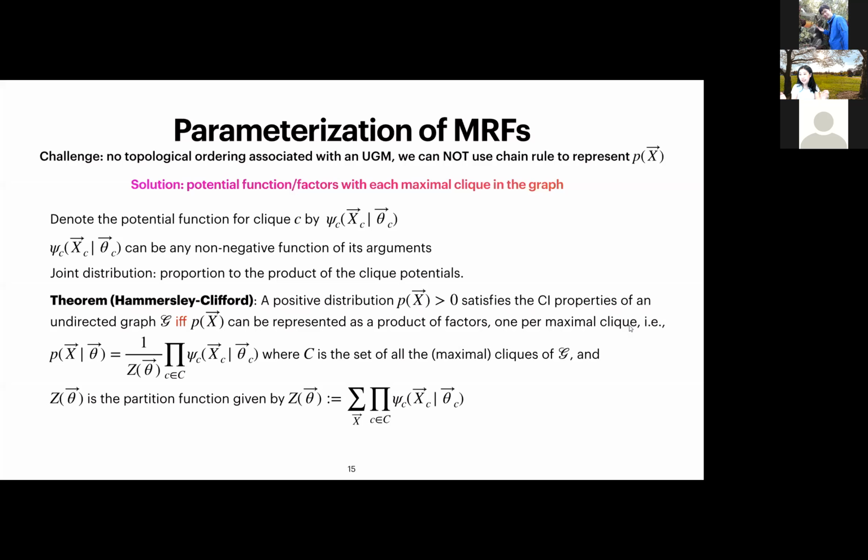It's just a normalization term. But unfortunately, computing the partition function is usually very difficult and computationally very expensive. So I'm going to pause a little bit so that we can think more about this equation here.